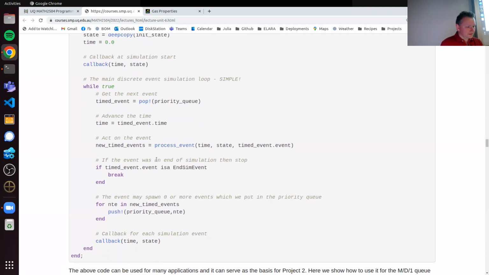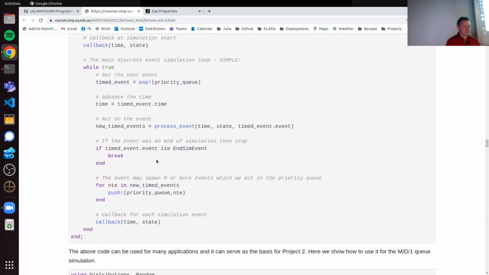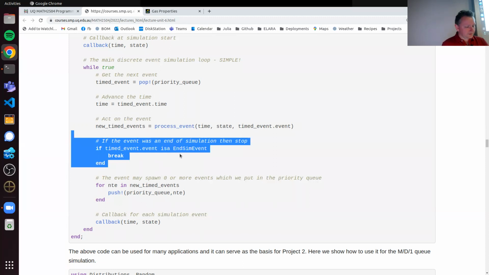All right, so let's look at the main event loop. When we start, we want to pop off from the queue the nearest event. We advance the time and process the event. That event is going to mutate state, and it's also going to give us a list of new events. We check if it was an NSIM event.